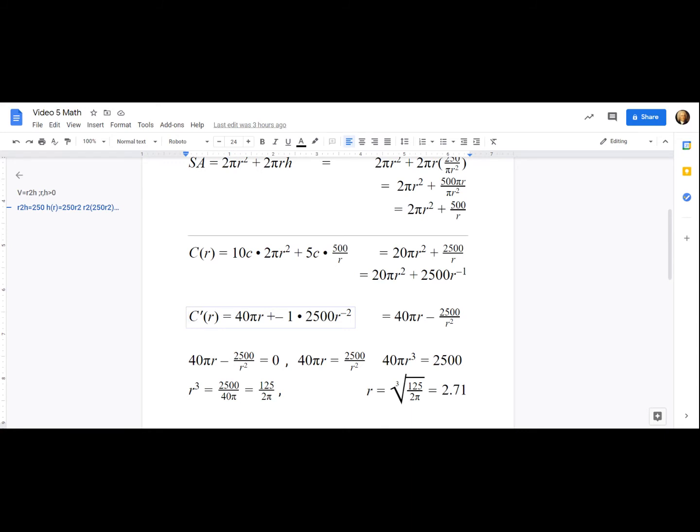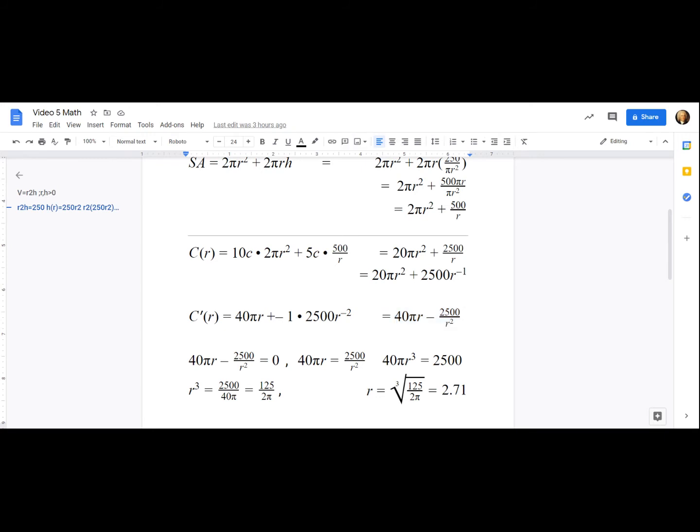So we take the derivative of the cost function, which is 40 pi r, which is the derivative of 20 pi r squared, and add that by the product of -1, because -1 goes out in front, times 2500 r to the -2, because we take the exponent that is 1 less than that. And we can simplify this as 40 pi r minus 2500 over r squared.